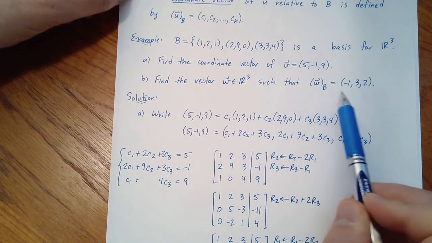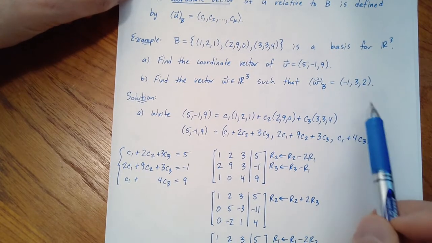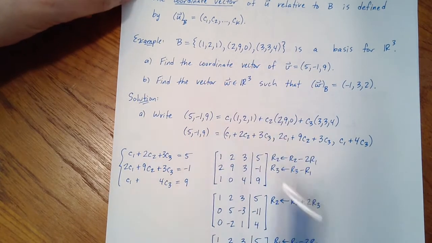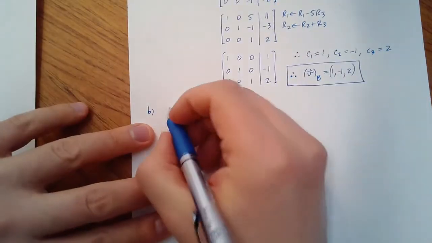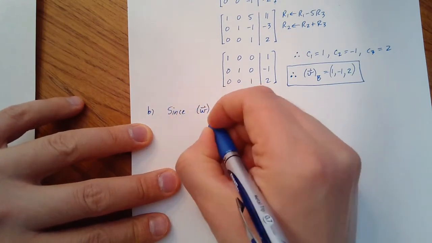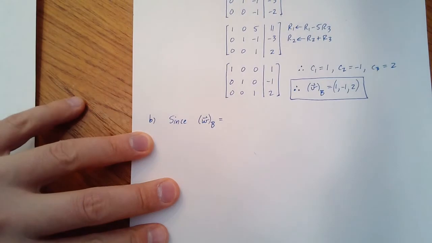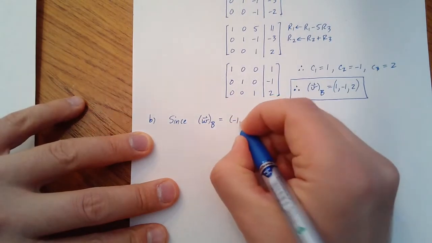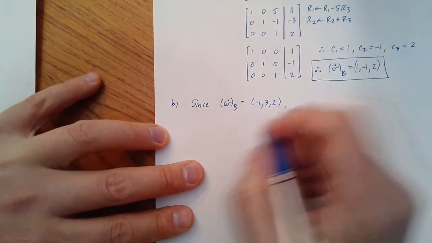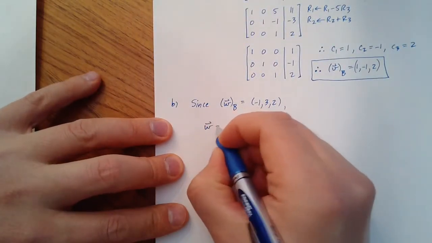So these are the coefficients we're going to use to build the vector W from the vectors in the basis B. So since the coordinate vector of W relative to B is equal to negative 1, 3, 2, it follows that we can write the vector W as follows.